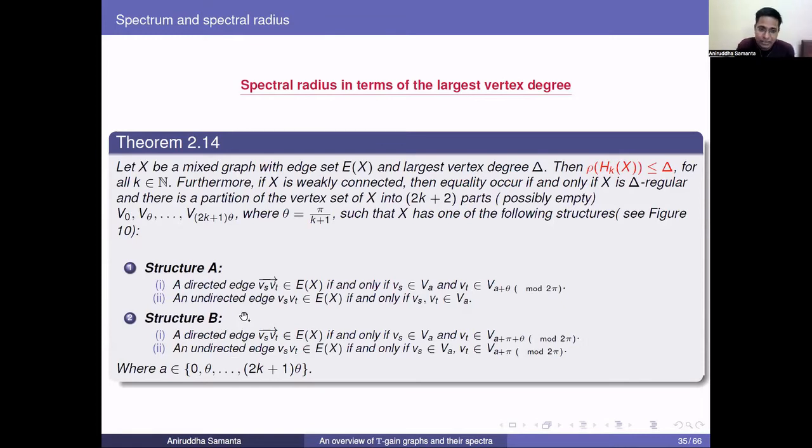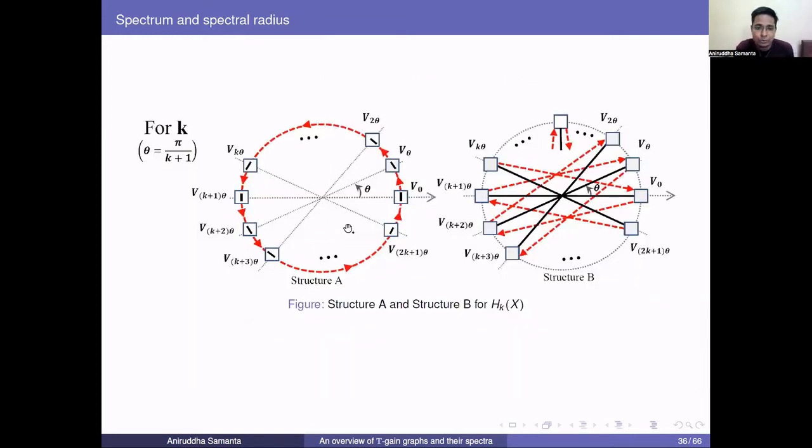So what are structure A and structure B? Let's come to this picture. Here we can see one geometrical view. These boxes are the partitions of the vertices. The black lines are undirected edges, and the dotted red lines are directed edges. If two vertices are connected by an edge within the structure, the edge will be undirected.